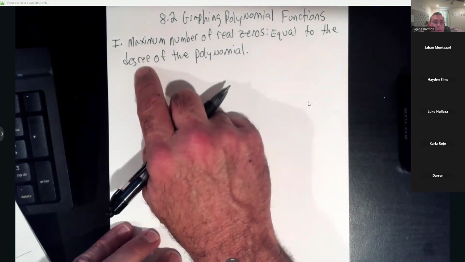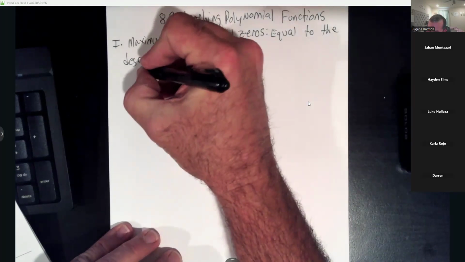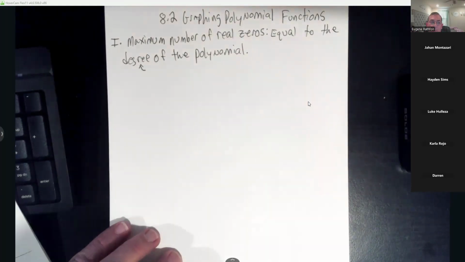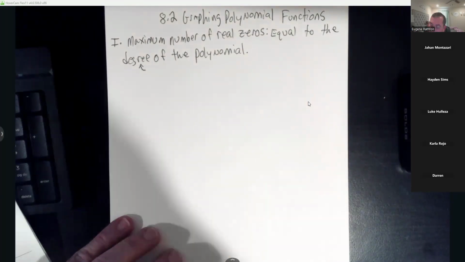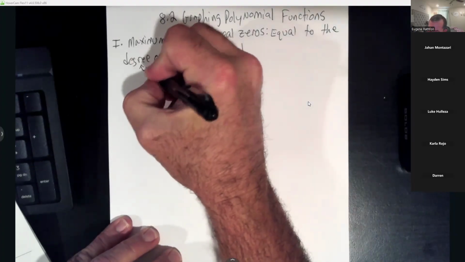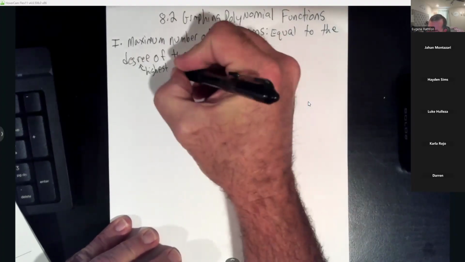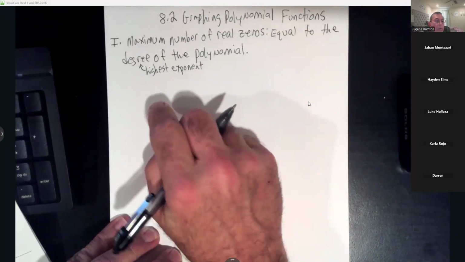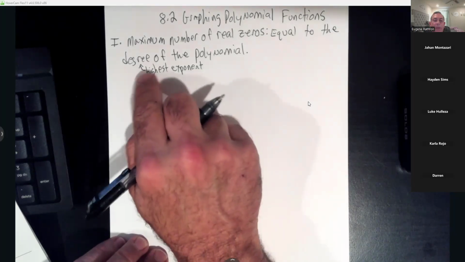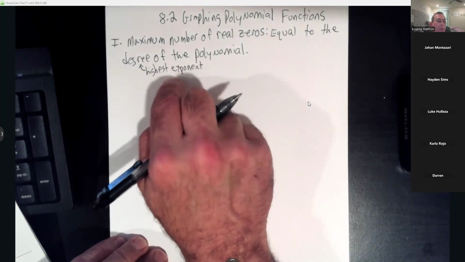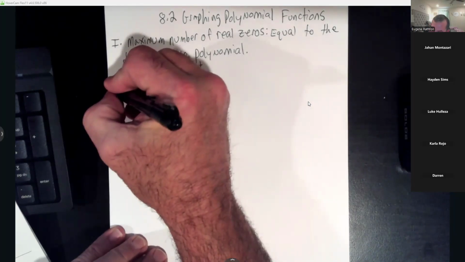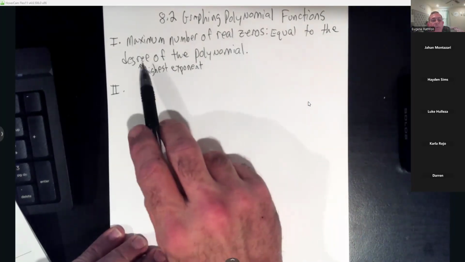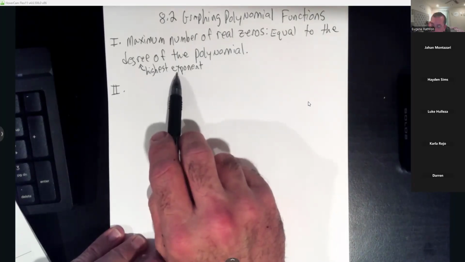All right, y'all, so remember this: the degree is equal to the highest exponent. Okay, Darren, good job. So anytime we talk about the degree, that's what we're talking about, that highest exponent. So the maximum number of real zeros is equal to that highest exponent.